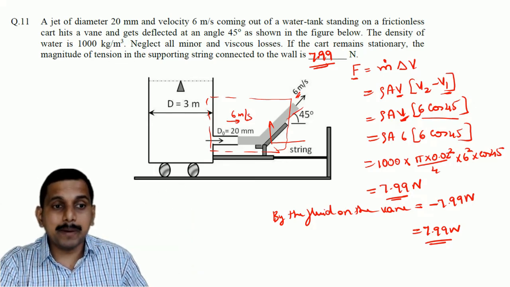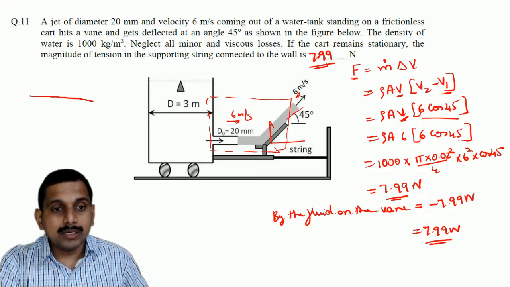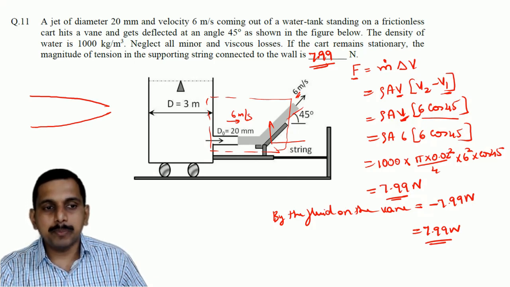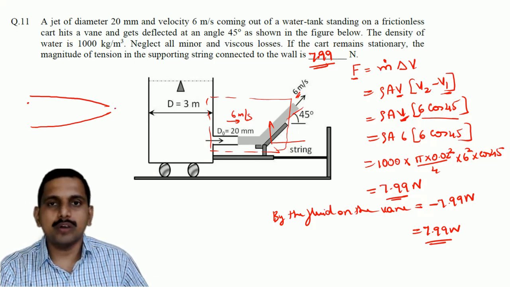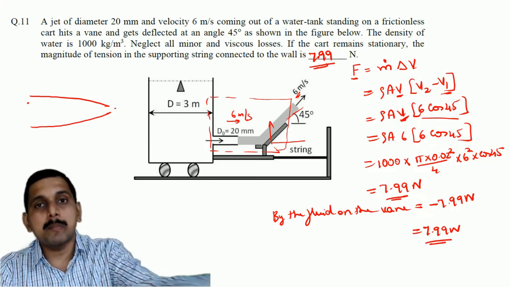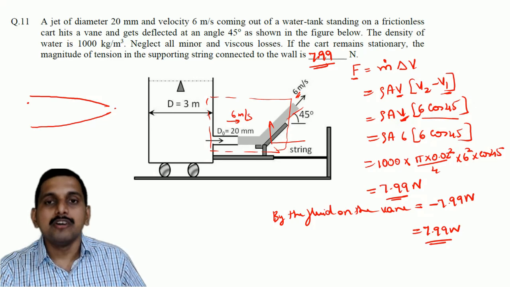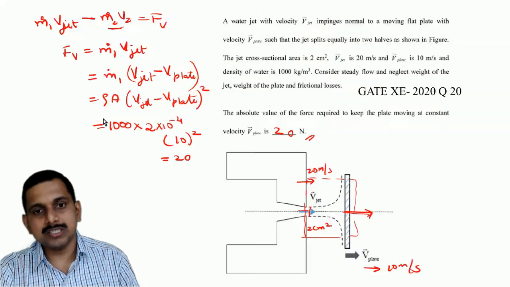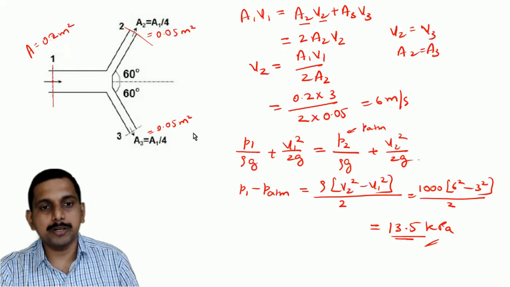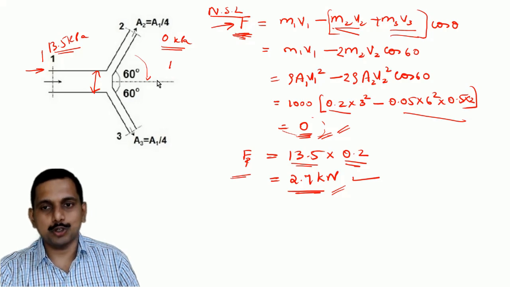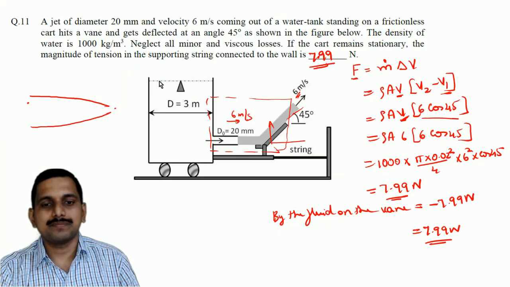If the pressure forces are mentioned, then you have to take them, and they come over and above the momentum transfer. That's what happened in the previous video. Here, in addition to momentum transfer, there is pressure force also. Like that you have to solve the question.